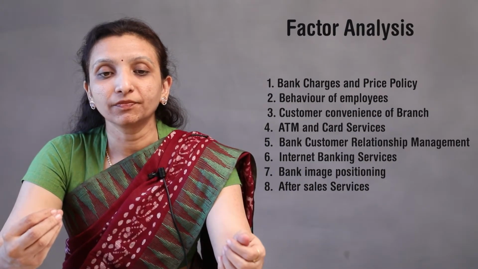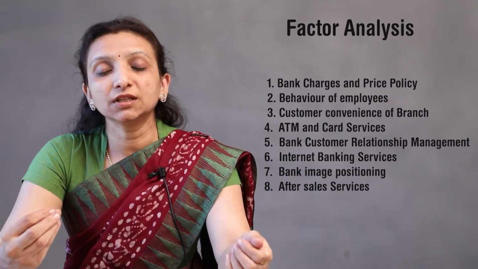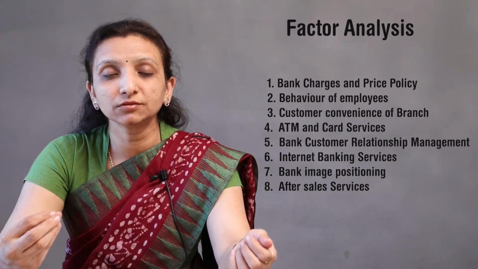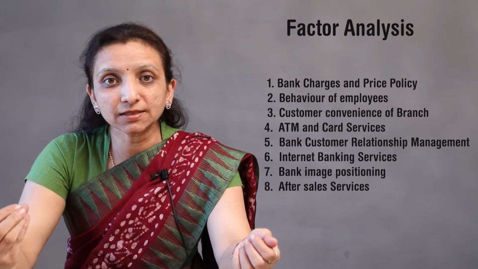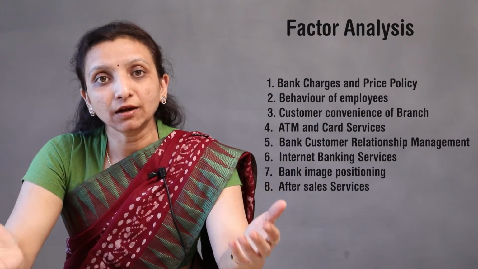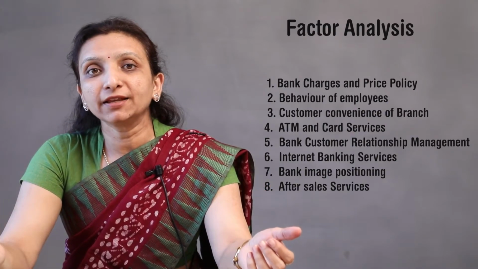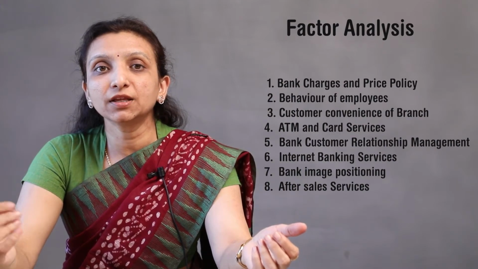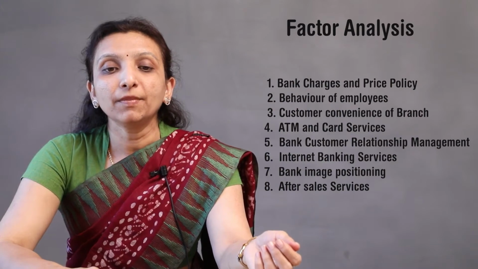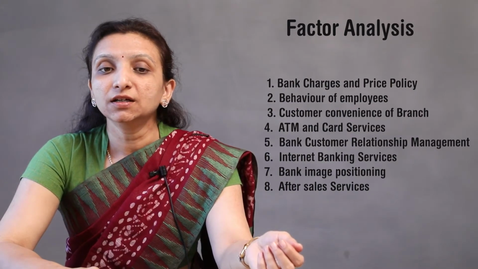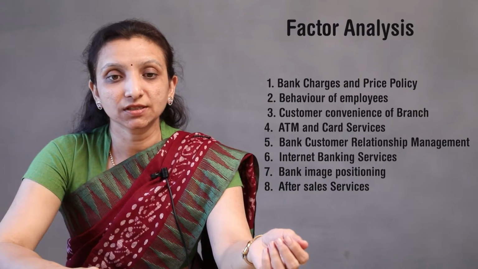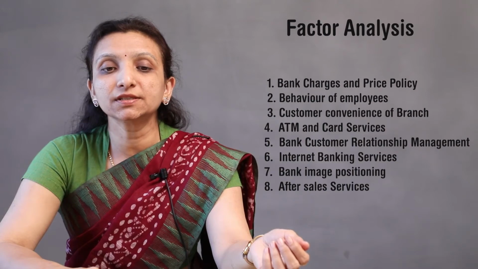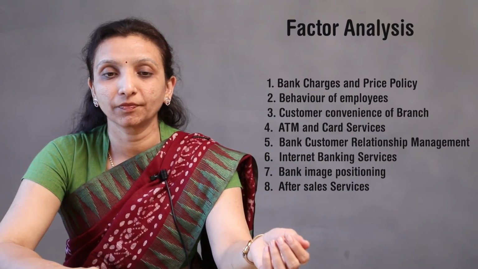At the same time, they also observe the infrastructure facilities provided by banks, which include facilities for waiting areas, comfort zone, and parking facilities. Nowadays, parking has become a very big issue, and that's why bank image positioning is one of the factors considered by customers for services provided by banks.